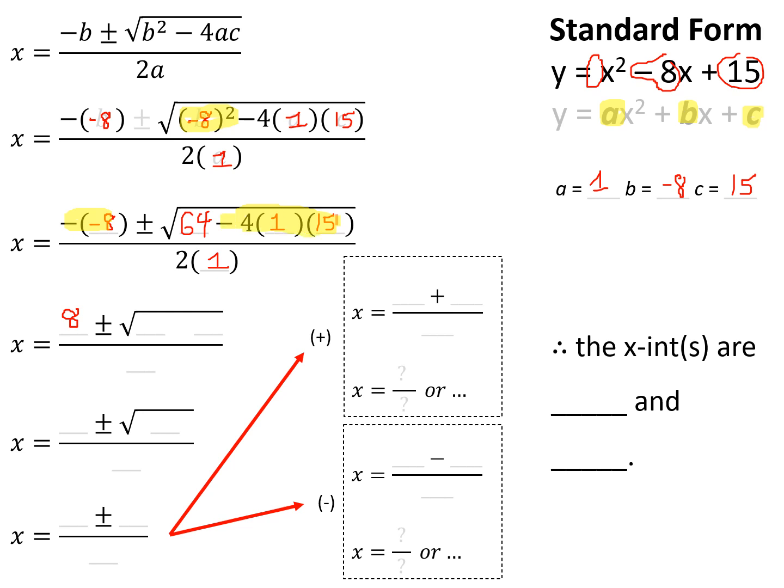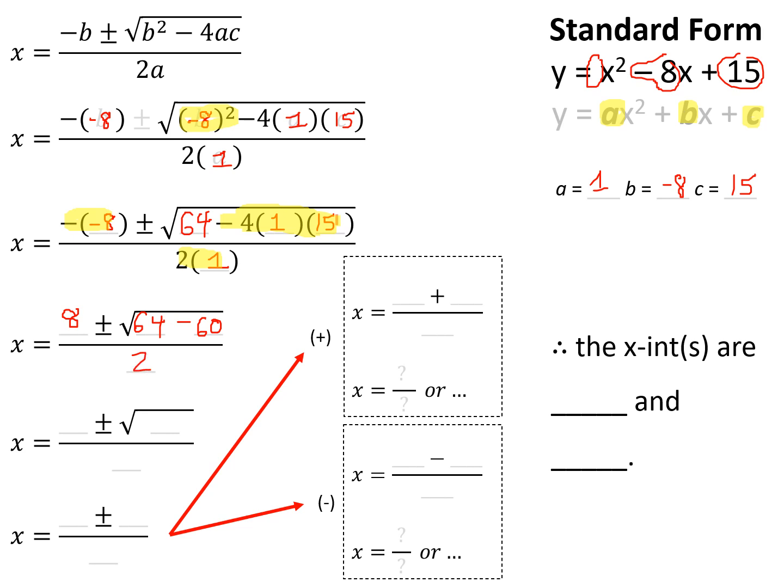So we are going to go negative 4 times 1 times 15, which becomes negative 60. The 64 remains unchanged, so let's just recopy that. Next, let's simplify the denominator. The denominator is 2 times 1, and 2 times 1 is just 2.